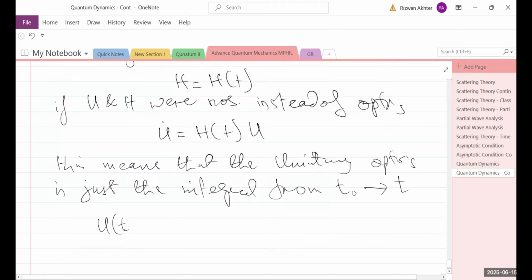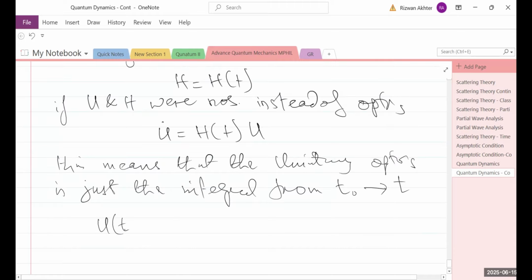That would be U of t comma t naught, going from t naught to t, summation over n, 1 upon n factorial. Then we have some bracket minus iota over h bar, integral t naught to t, h of t prime dt prime, and whole bracket to the power n.